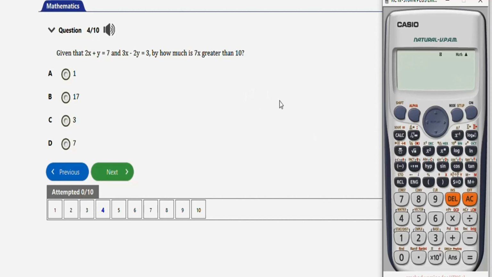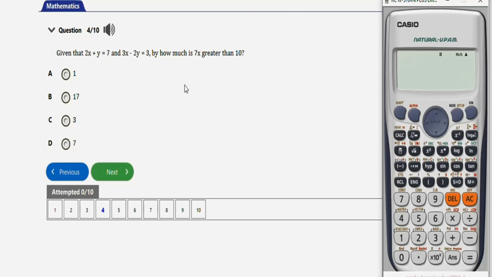Remember, we did 17 divided by 7, 2.4. So 2.4 times 7 gives us 16.8.